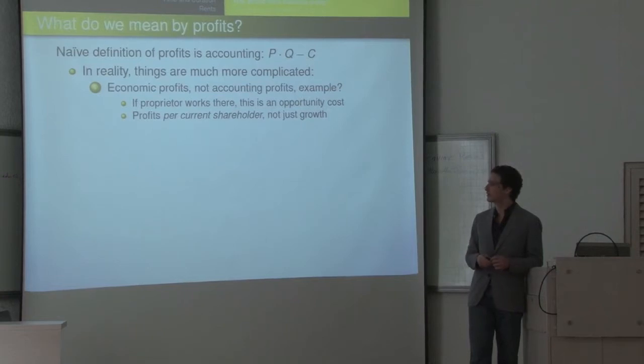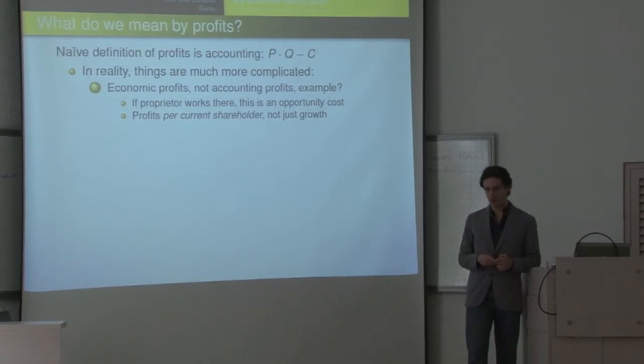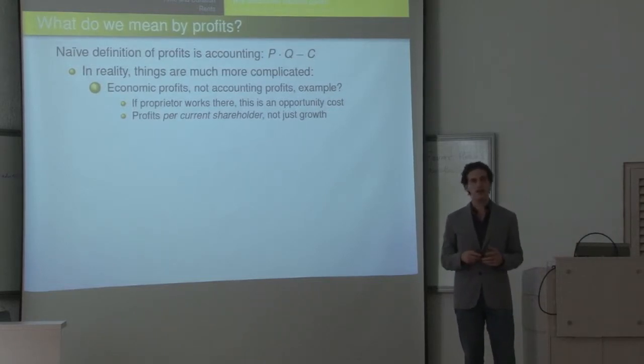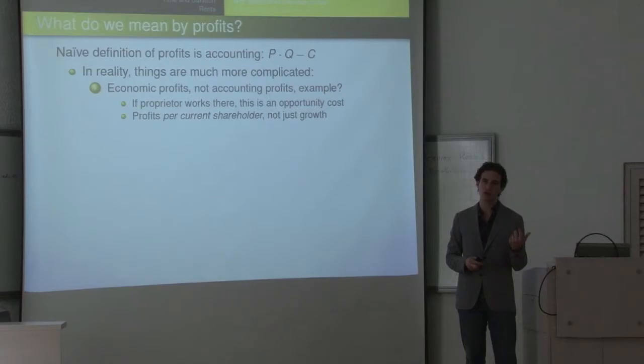And another distinction is that if you think about a company, they could easily expand the total amount of profits they're making if they issue a bunch more stock that gives them money that they can use to then go invest and make more profits. But that doesn't actually raise the profits per current shareholder.